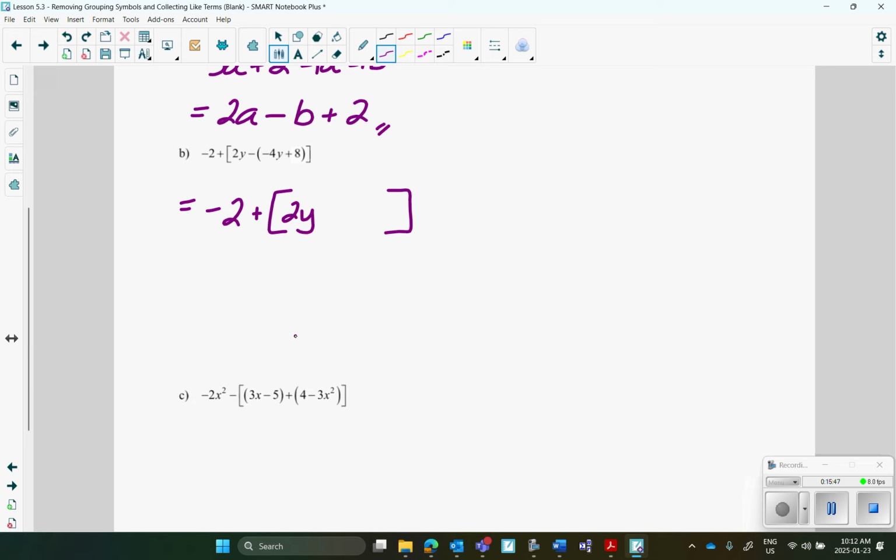And when we do, minus minus becomes plus 4y, minus plus 8 becomes minus 8. Second step, taking out the brackets. Because there's a plus in front, nothing changes. Plus 2y, plus 4y, minus 8. Collect like terms. And we get this. Good.